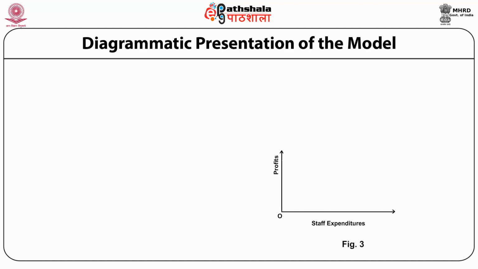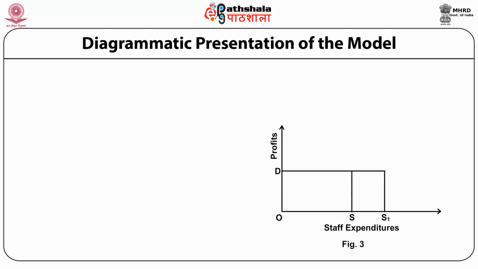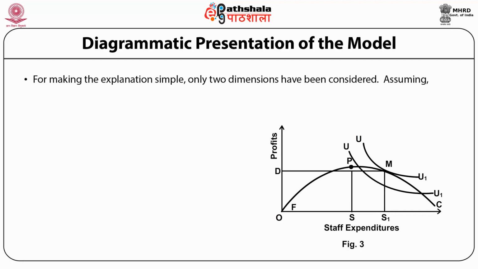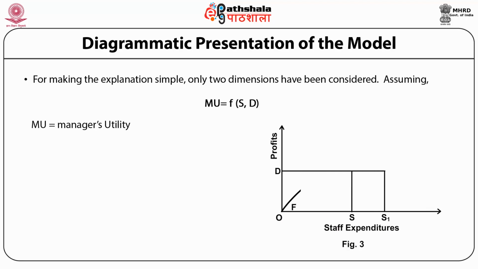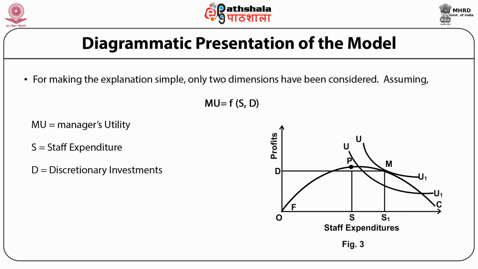This is the diagrammatic presentation of Williamson's model. The diagrammatic presentation of the model has been depicted in a two-dimensional view. For making the explanation simple, only two dimensions have been considered, assuming that manager's utility, that is MU, is a function of S and D, which are staff expenditure and discretionary investments.